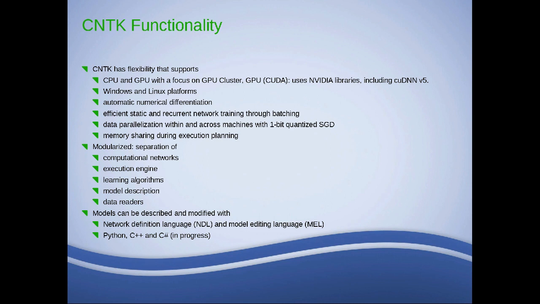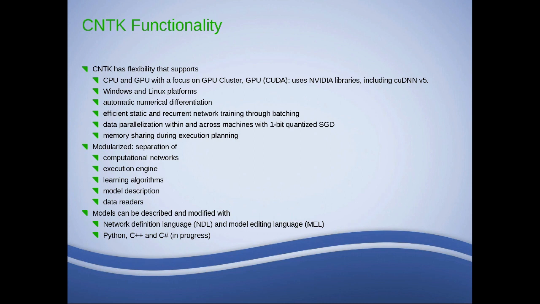CNTK is highly modularized. It has well-defined separation of deep learning program into logical modules, namely, first, computational networks. Second, execution engine. Third, learning algorithms. Fourth, model description. Fifth, data readers.